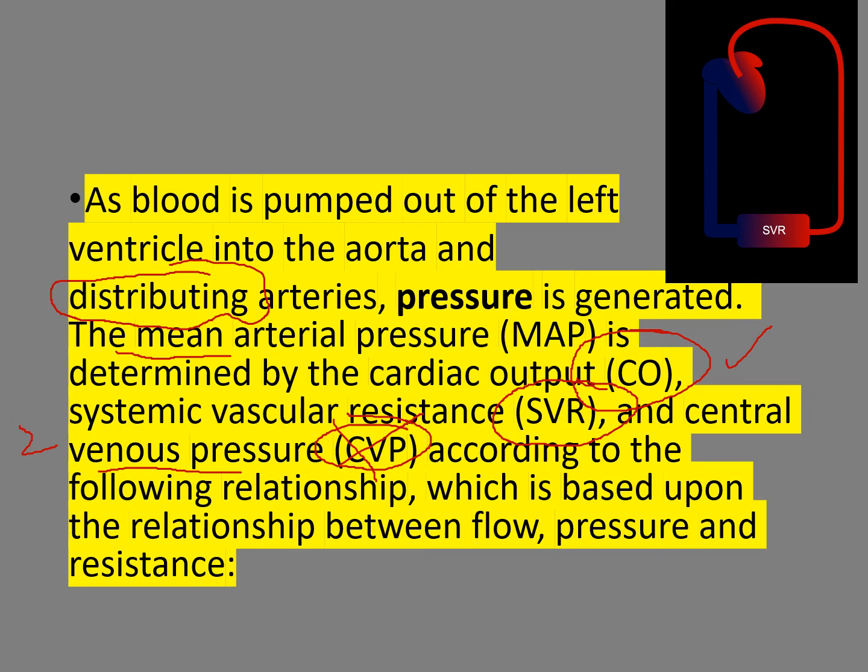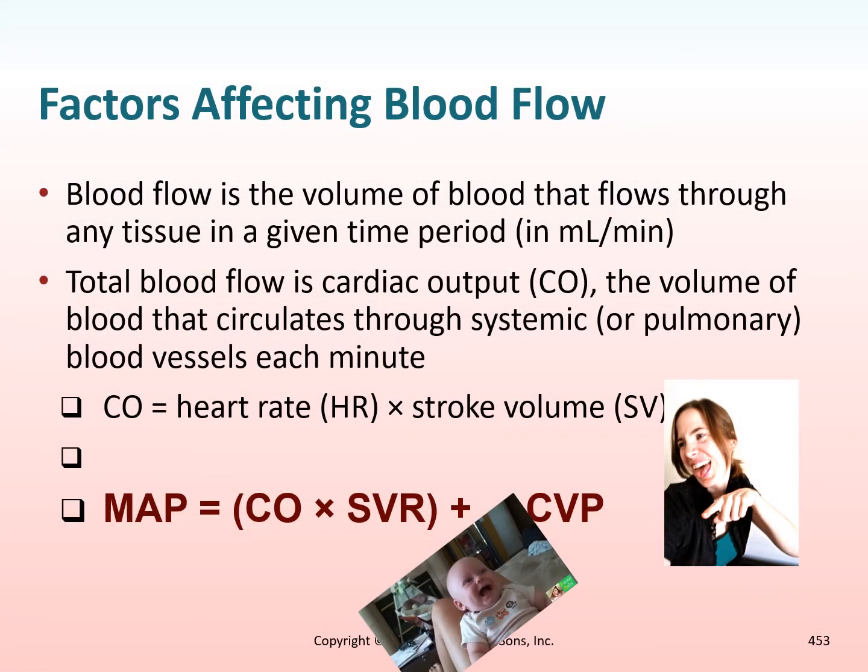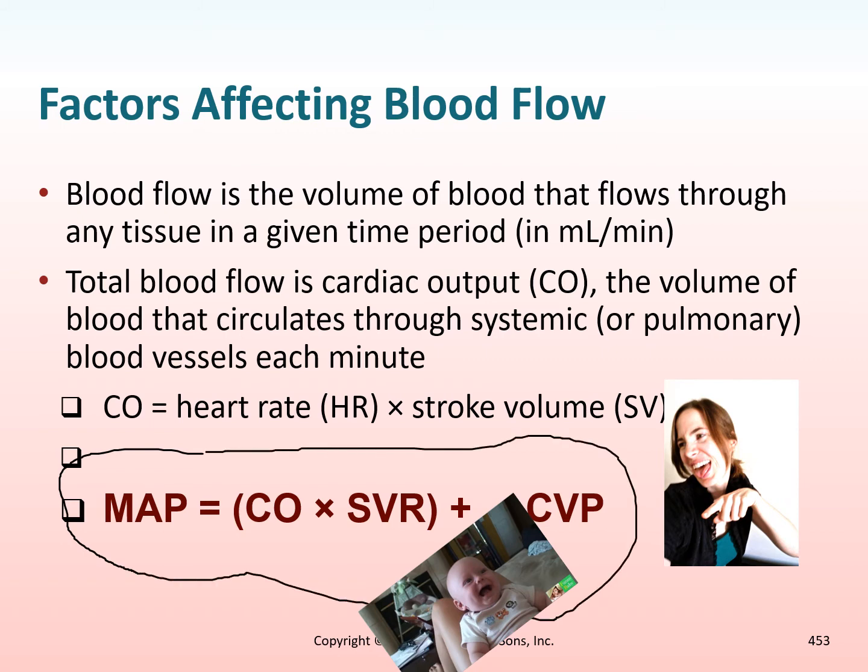According to the following relationship, which is based upon the relationship between flow, pressure, and resistance, blood flow is the volume of blood that flows through any tissue in any given time period in milliliters per minute. That cardiac output is definitely milliliters per minute. The total blood flow is cardiac output, the volume of blood that circulates through the systemic or pulmonary blood vessels each minute.